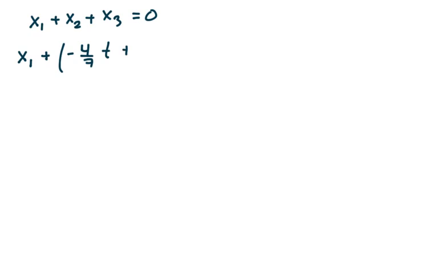Now, x1 plus x2 plus x3, this is 0. So x1 plus, and then remember, in parentheses, I got negative 4/7 t plus 1/7, okay? Plus t, that's what x3 is, equals 0. So what this says is x1 plus 3/7 t.